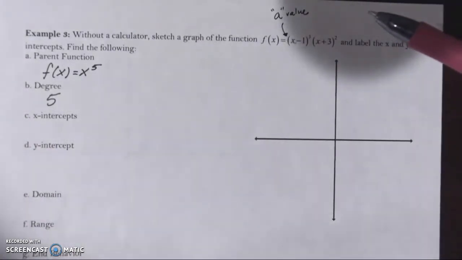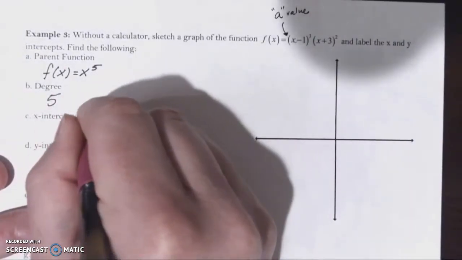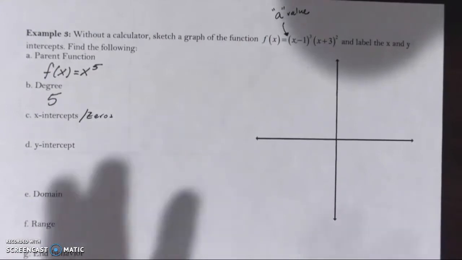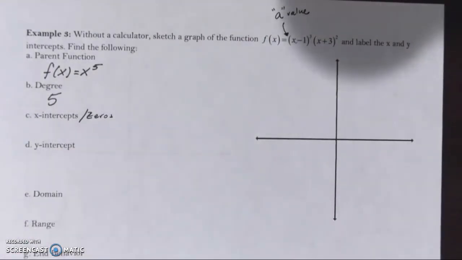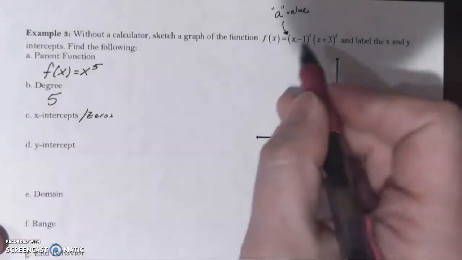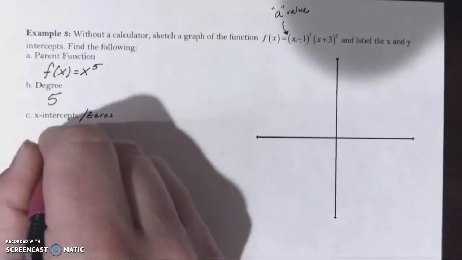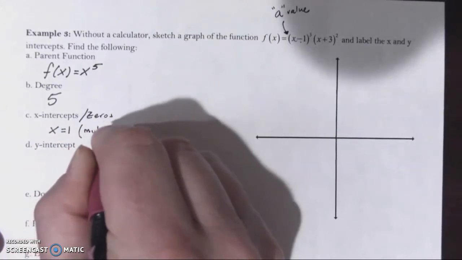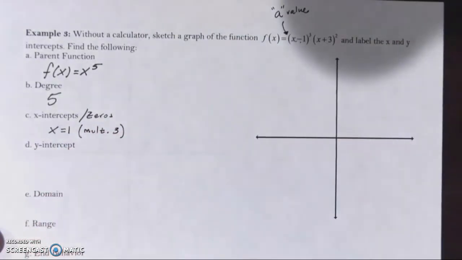All right, the x-intercepts, also known as the zeros. Let's figure out what they are, and let's also deal with the multiplicity of them, all in the same group here. So obviously we'll have a 0 of x equals 1, and the multiplicity of that 0 would be 3.